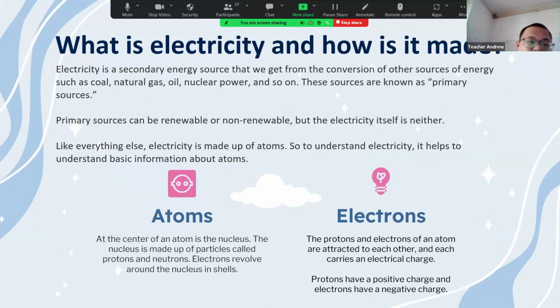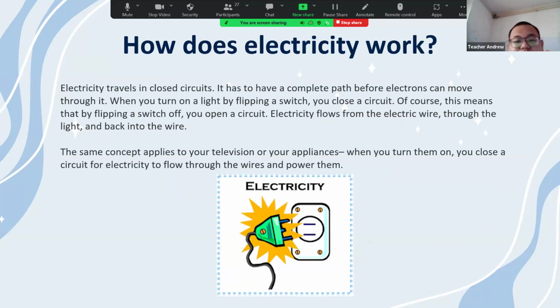Coal, gas, oil, and nuclear power are known as primary sources, and primary sources can be renewable or non-renewable, depending on the type they use. However, electricity is neither. We use coal, gas, and oil to make electricity.